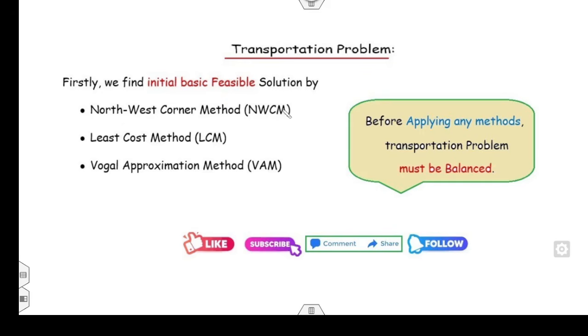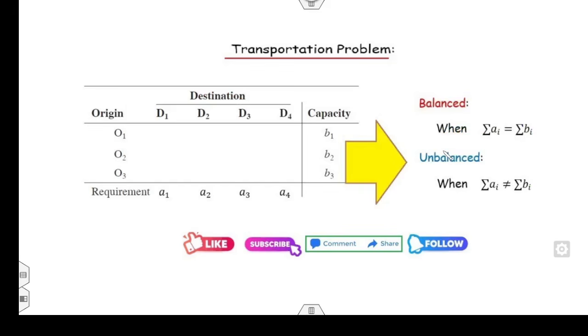But make sure students, whenever you want to apply any of these methods, your transportation problem must be balanced. What is the meaning of balanced? That means the sum of the capacities, the ai's, and the sum of the bi's must be the same.